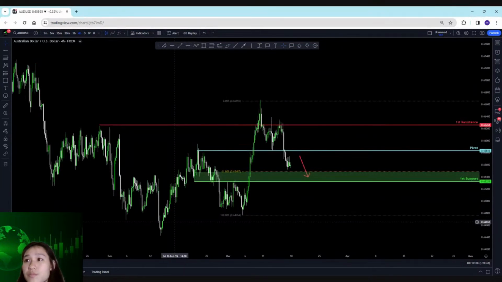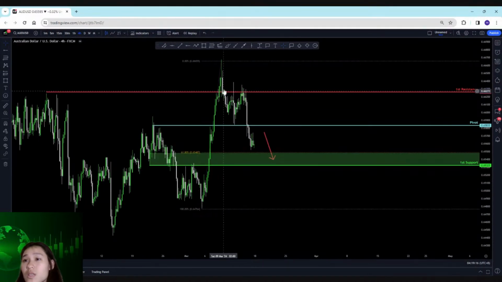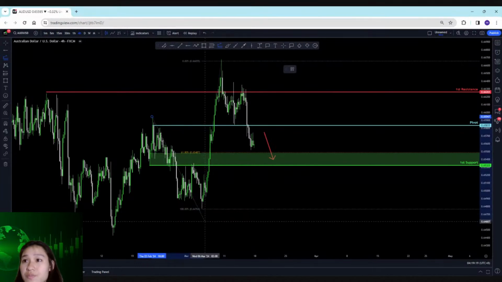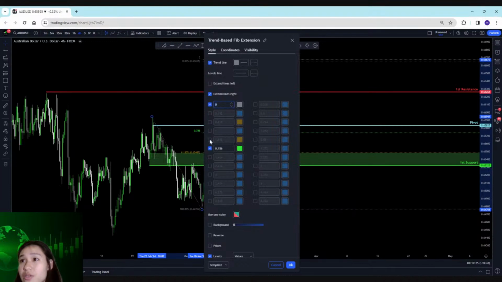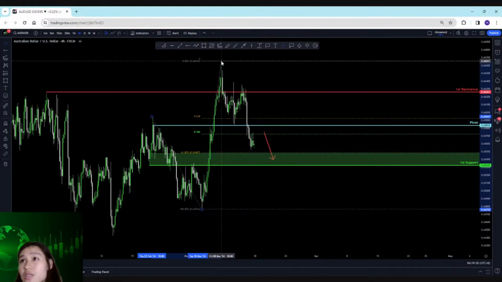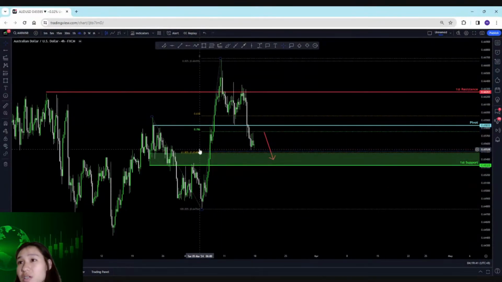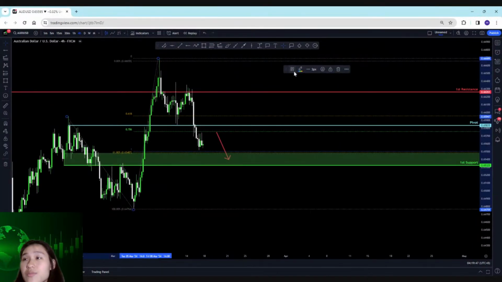Next, let's see if we have any projections. For projections, we look at 78.6, 61.8, and 100%. And you can see that our 100% lines up as well over here. Let me zoom in with our 61.8.